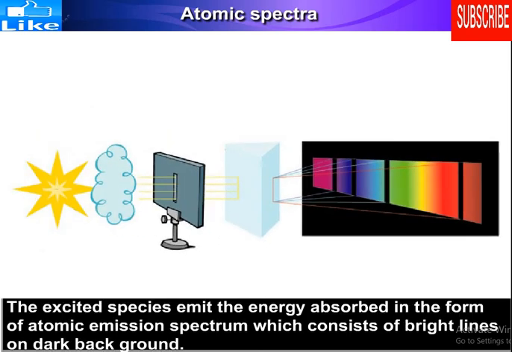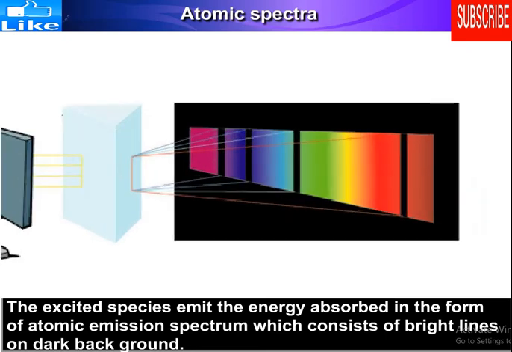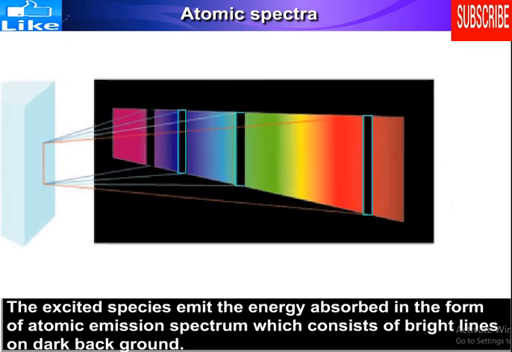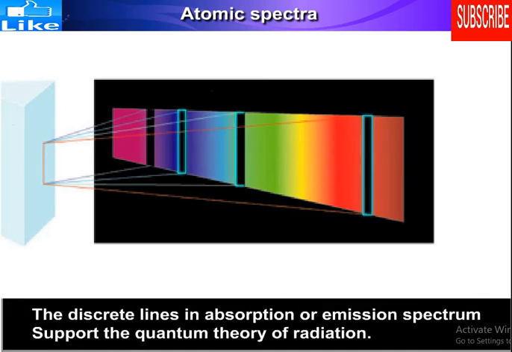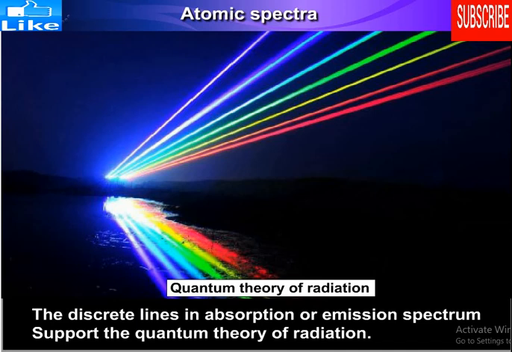The excited species emit the energy absorbed in the form of atomic emission spectrum, which consists of bright lines on dark background. The discrete lines in absorption or emission spectrum support the quantum theory of radiation.